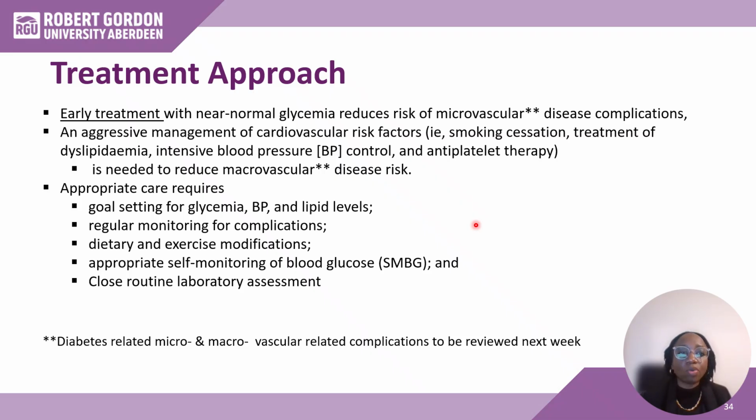Appropriate care requires goal setting for glycemia, blood pressure, and lipids, regular monitoring for complications, dietary and exercise modifications, appropriate self-monitoring of blood glucose, also called SMBG, and close routine lab assessment. So that's really important. Again, the complications will be covered in another week.